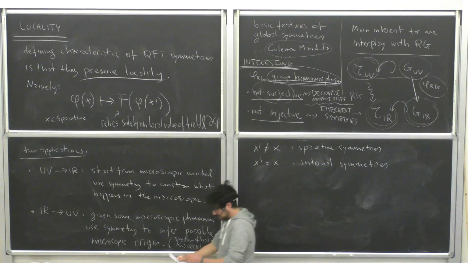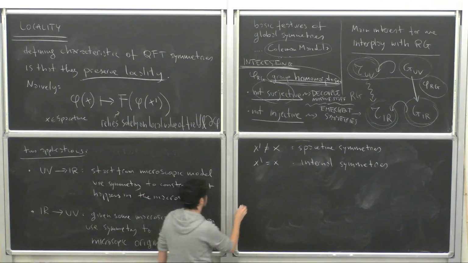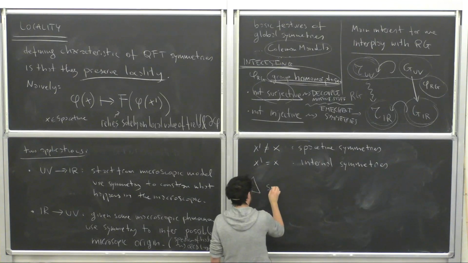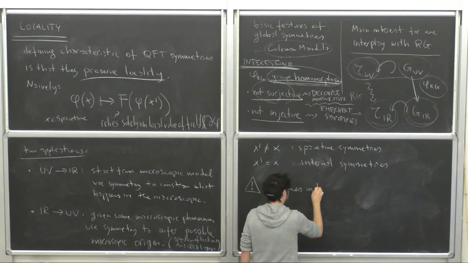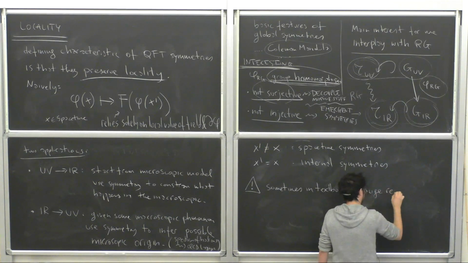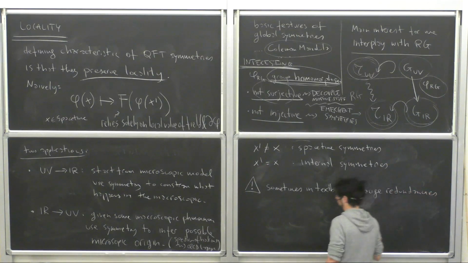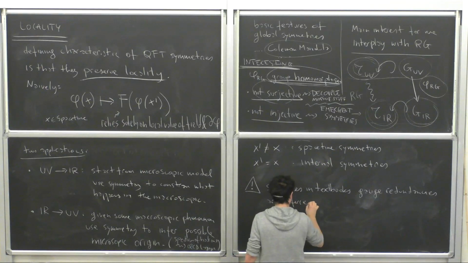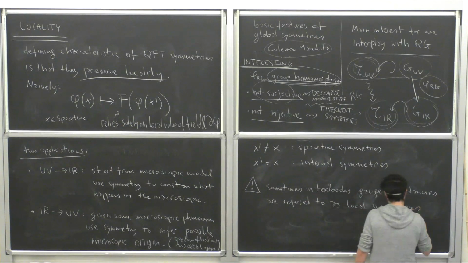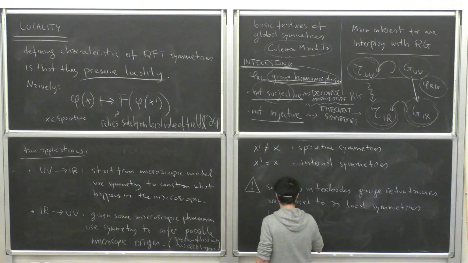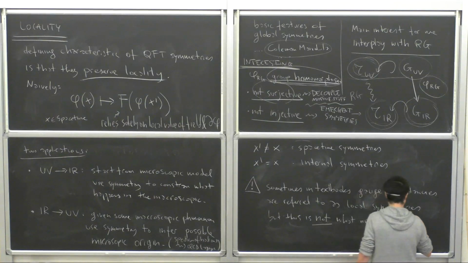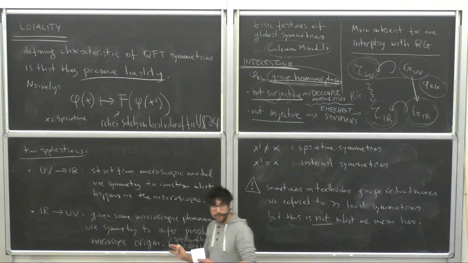And be careful: sometimes in textbooks, gauge redundancies are referred to as local symmetries, but this is not what we mean here. So please don't make confusion.